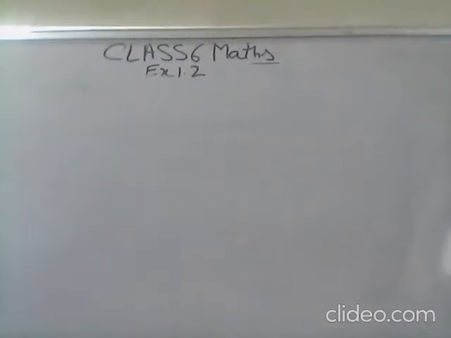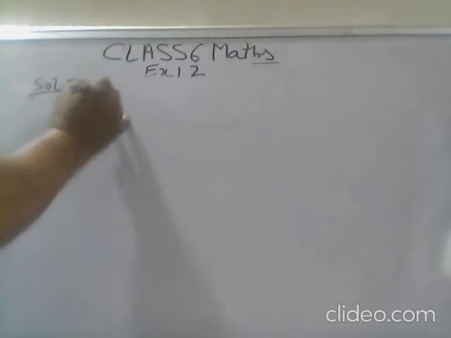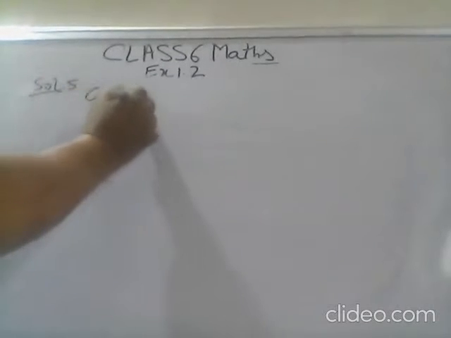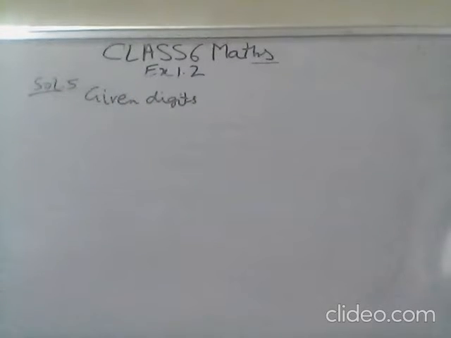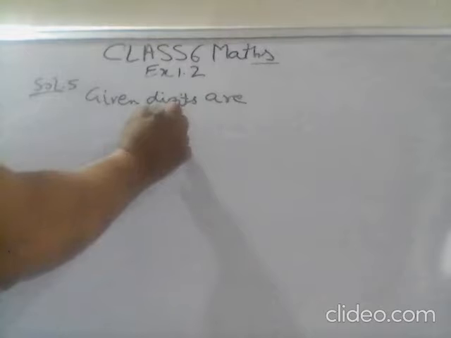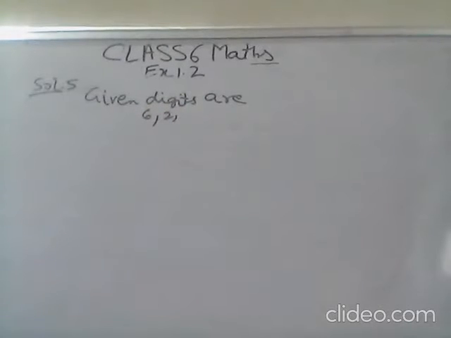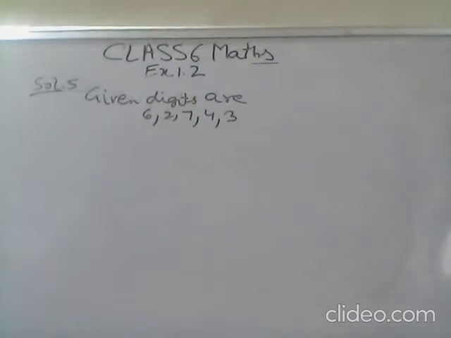Question number 5, solution. Given digits are 6, 2, 7, 4, 3. Now, with the help of this, we have to find the greatest number formed.